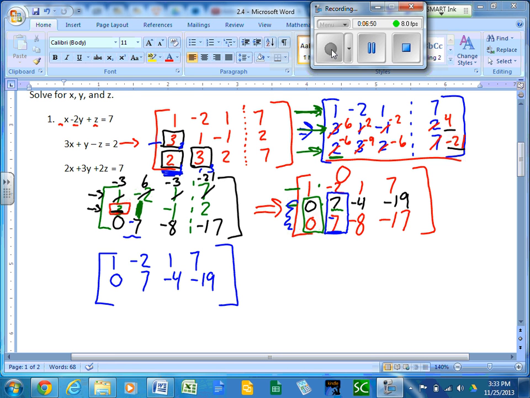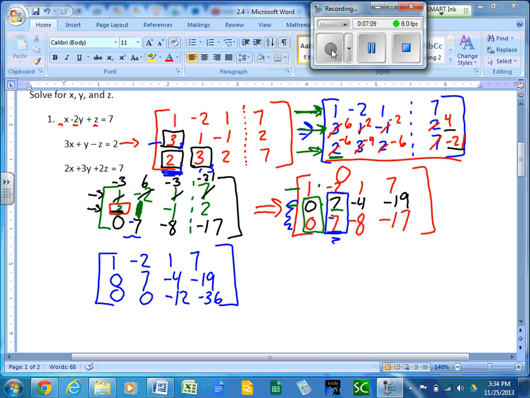Now, when I add down, 0 plus 0 is obviously 0. 7 plus a negative 7 is 0. And then negative 4 plus negative 8 is negative 12. And then negative 19 plus negative 17 is negative 36.